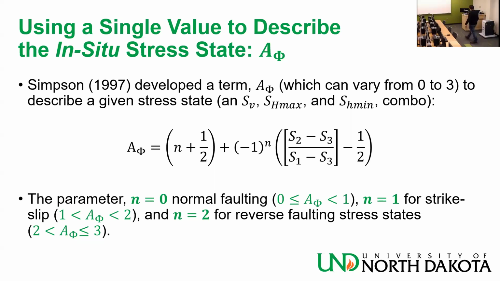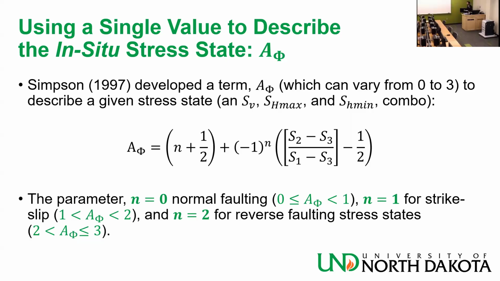And then if you put the values, you're going to get a value ranging from 0 to 3 for A phi, okay? From 0 to 1 is normal faulting, from 1 to 2 is strike slip, from 2 to 3 is reverse, okay? So one value to characterize the stress state in this direction.